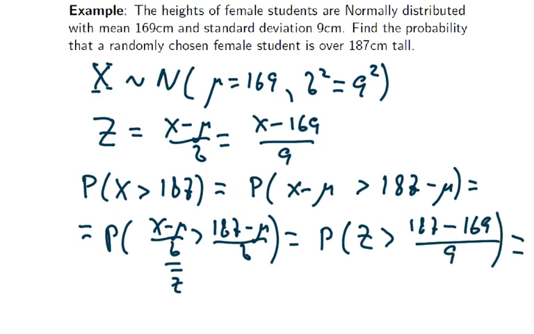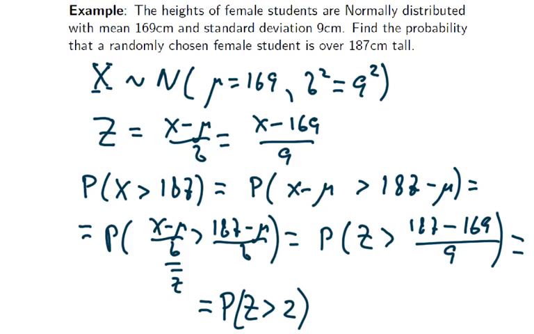So this equals the probability that Z is more than 18 over 9, which is 2. And now we're supposed to find this probability that Z is more than 2.